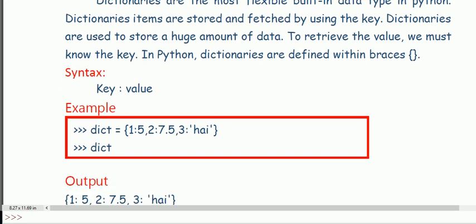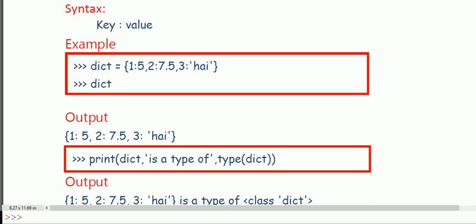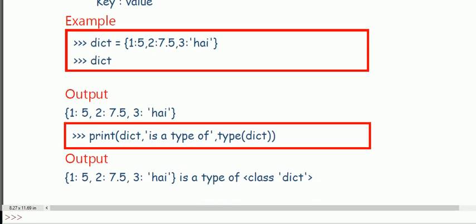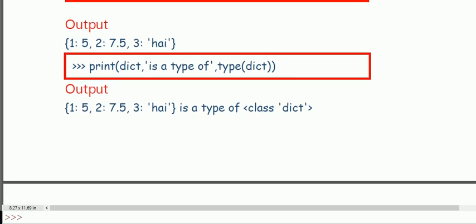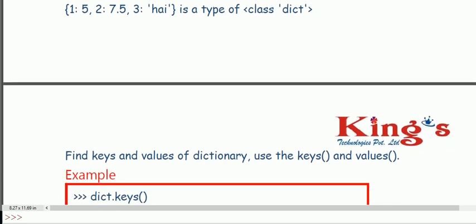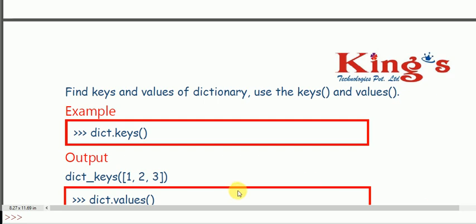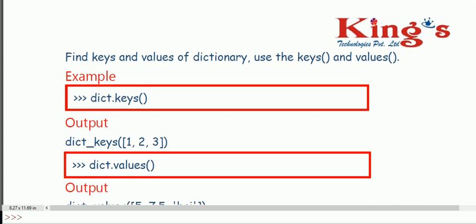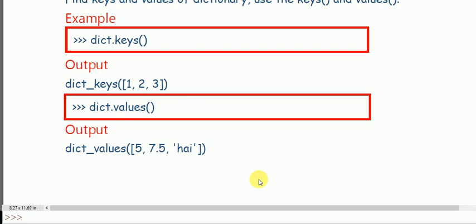So we see the dict variable, and it produces the result like this. And the type is dictionary type, dict. We find out the keys and values of dictionaries. Variable name dot keys produces the key values 1, 2, 3. Dictionary dot values produces the dictionary values.